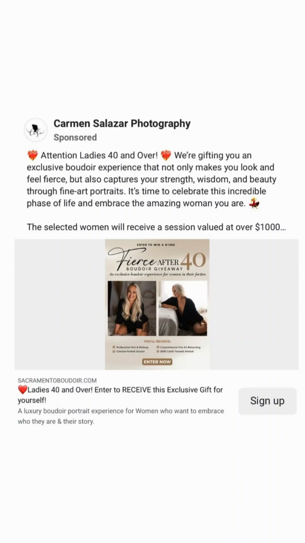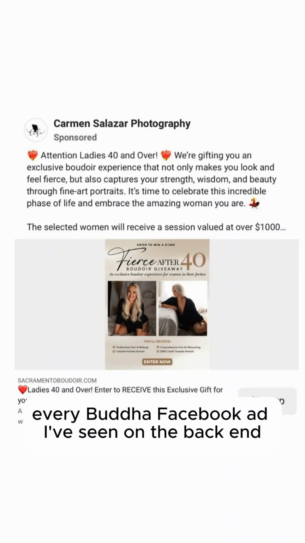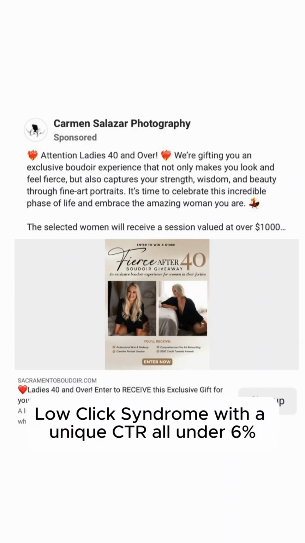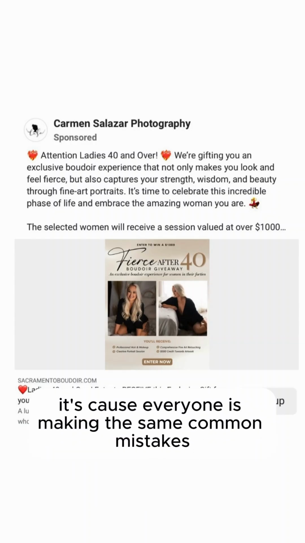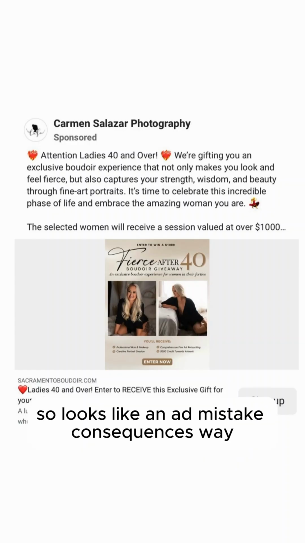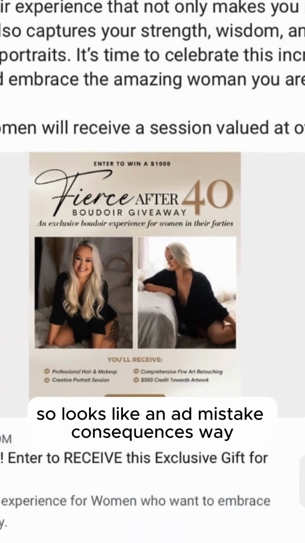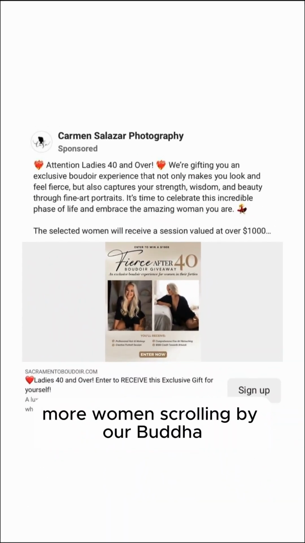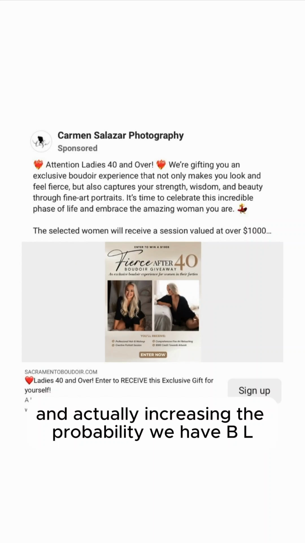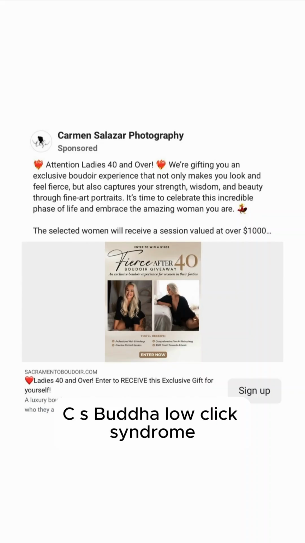Well, every boudoir Facebook ad I've seen on the back end has all had BLCS, boudoir low click syndrome, with a unique CTR under 6%. And it's because everyone is making these same common mistakes. So, looks like an ad mistake, consequences: way more women scrolling by our boudoir Facebook ads than necessary, pulling our unique CTR under 6%, and actually increasing the probability we have BLCS, boudoir low click syndrome.